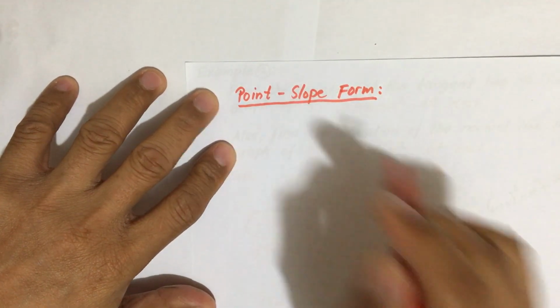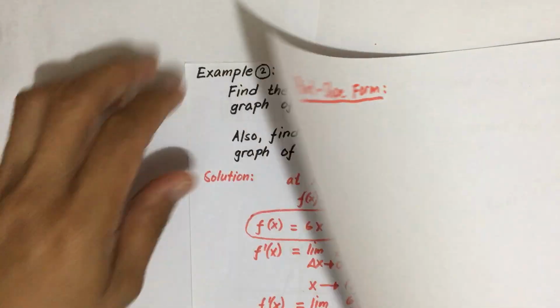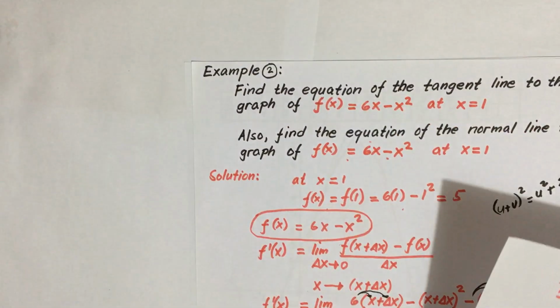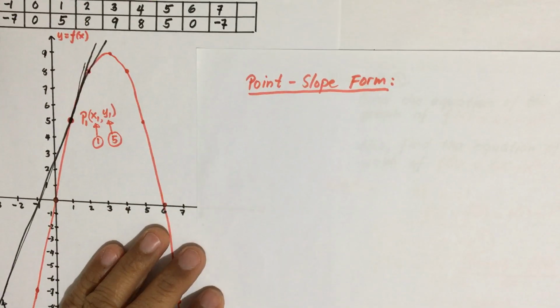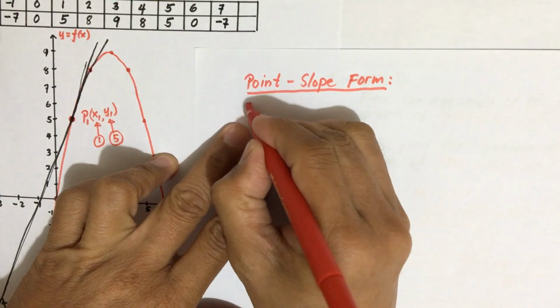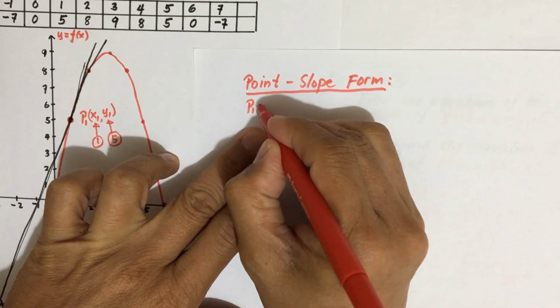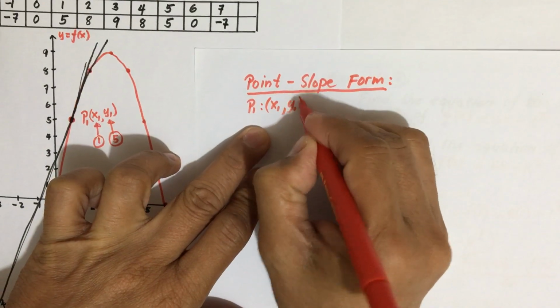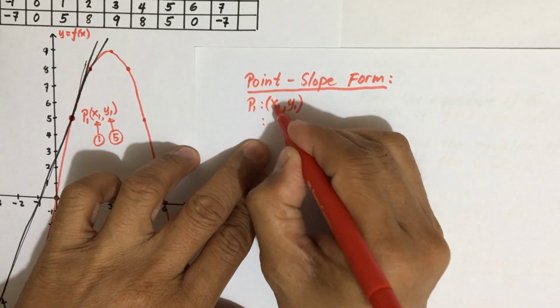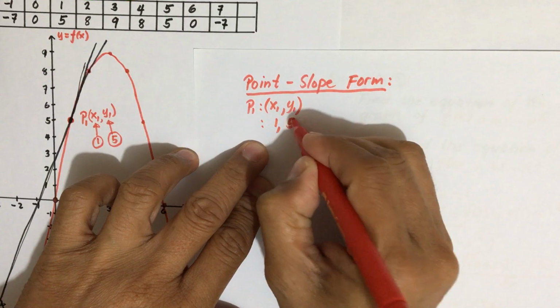But we know from our graph that our point is known already from our calculation. So we have our point P1 with coordinates x1, y1. In this case, our x1 is 1, our y1 is 5.